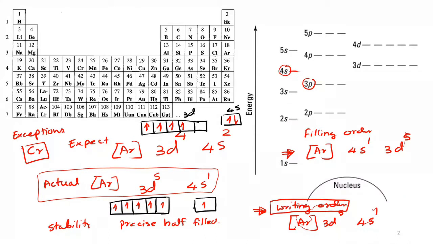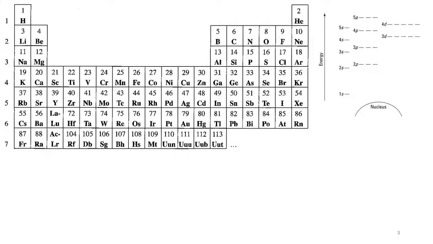All right. So we were looking at some exceptions, and if you can recall, another exception we talked about was copper. And you can see that copper is here, and our previous example, chromium, there.